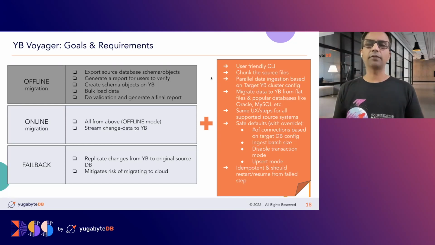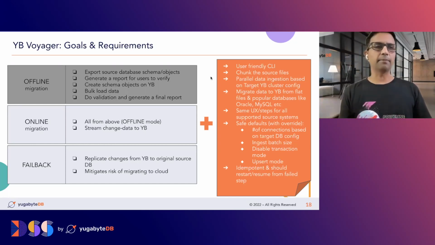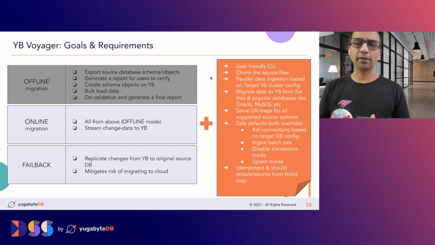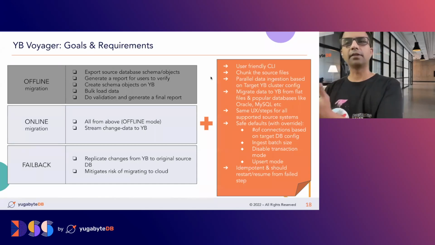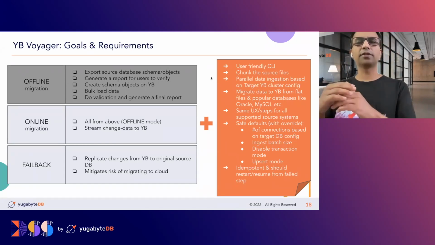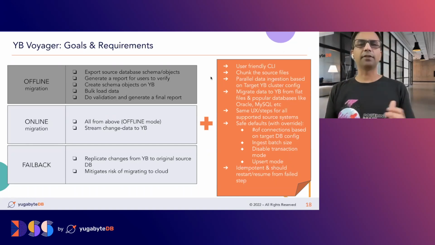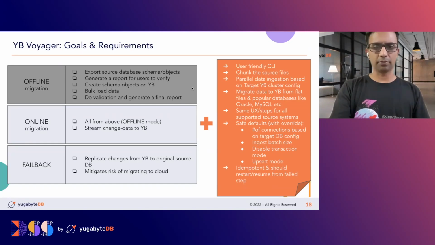Those are the safe defaults. Of course, you could override them. And idempotency is again key when it comes to data migration or data loading, as in if I'm pushing the same file twice, it shouldn't result in duplicates on the target Yugabyte side. So these were some of the key additional requirements that we took along with offline, online, and the failback modes, right?